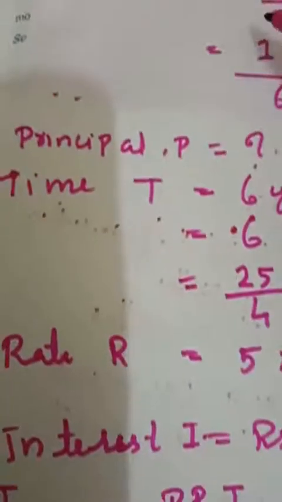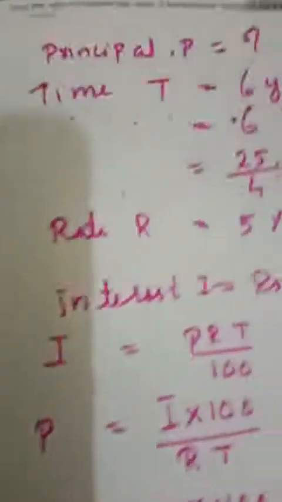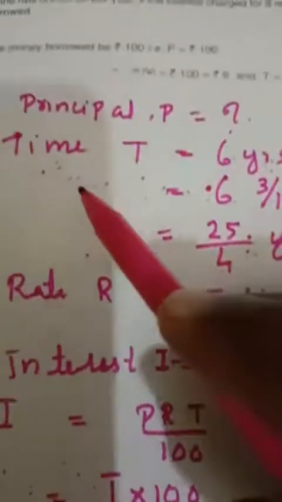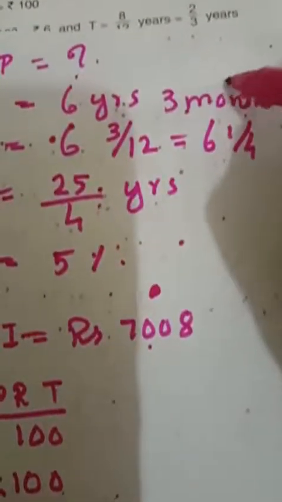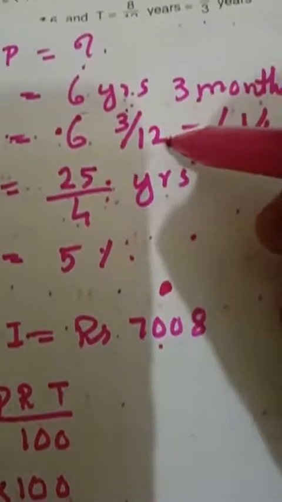We don't know P, so let it be P. Now time period T is 6 years, 3 months. Convert this month into year. 3 months means 3 by 12 year.